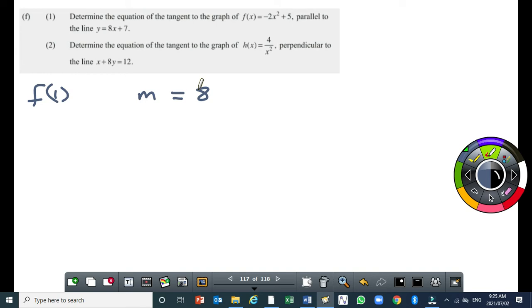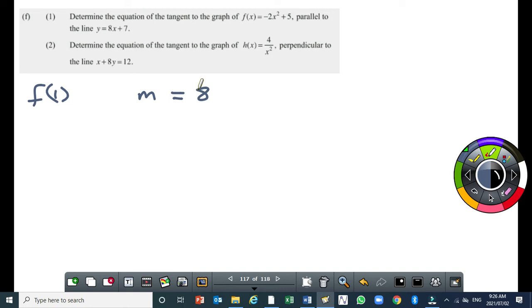A tangent, remember, is a line. A tangent is a line. Do you agree with me on that? A tangent is a straight line. So, if this line y equal to 8x plus 7 is parallel to the tangent, it means their gradients are equal.